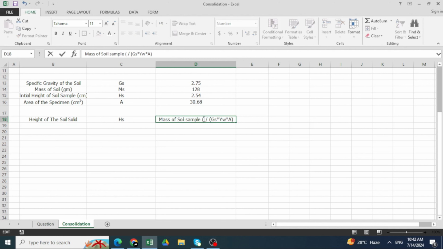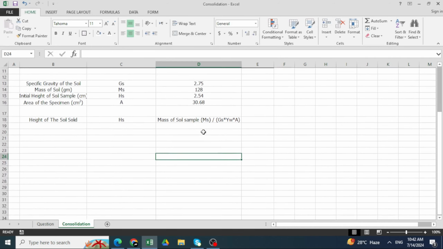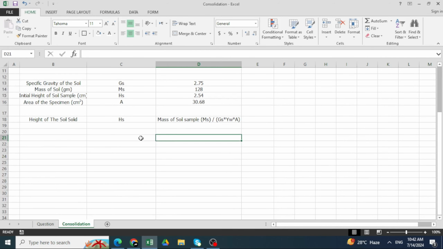So height of the solid is from the mass of soil, the unit weight as well as the area and the specific gravity. So writing a formula here for the height of the solids, which is this one.